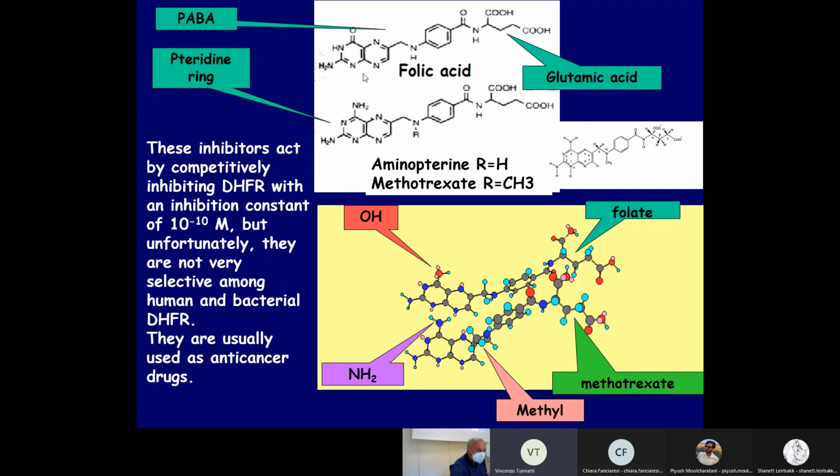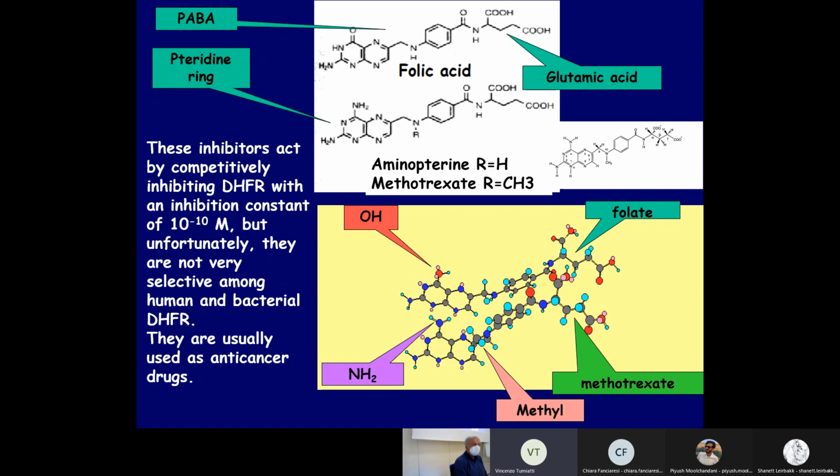This protonation is not possible in the folic acid. And this protonation is possible in the methotrexate because there is an increased electronic density on this aromatic ring.